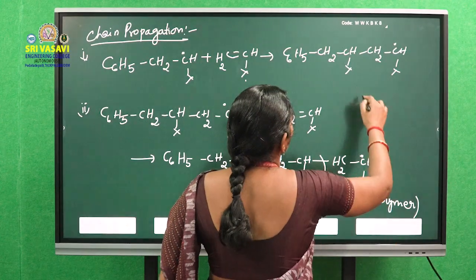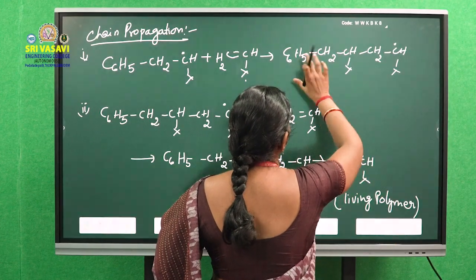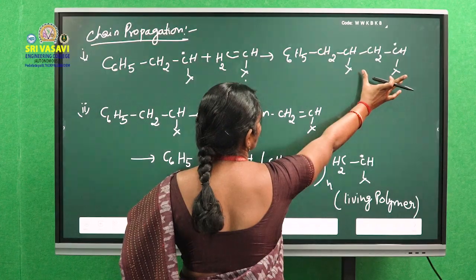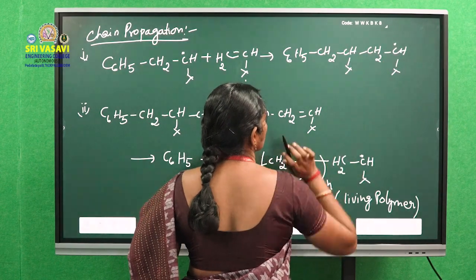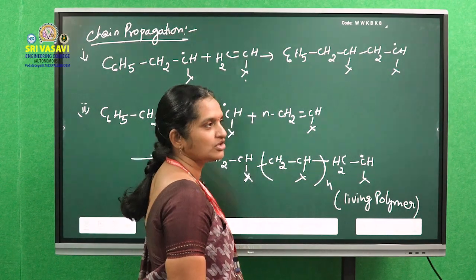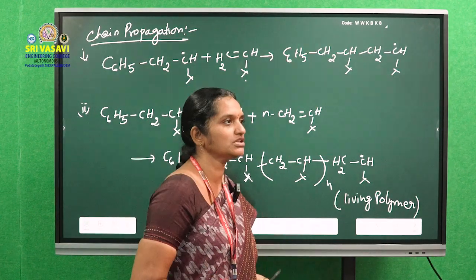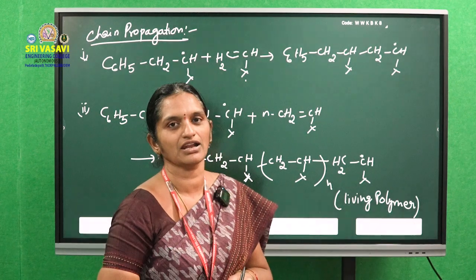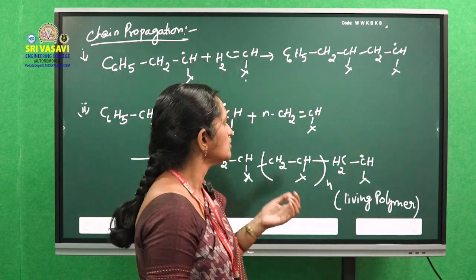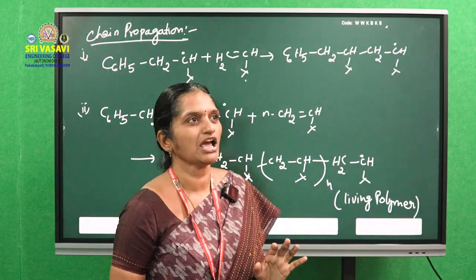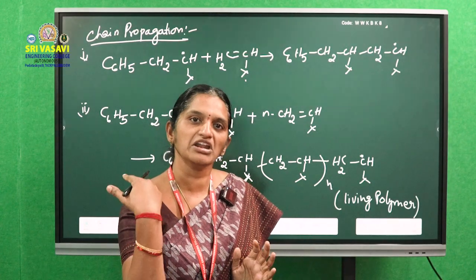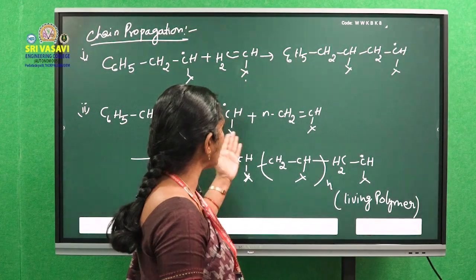Therefore, you get a long chain. This free radical is added to the monomer, and again another carbon free radical is generated. We can add n number of monomers depending upon our requirement, so that's why I have written n.